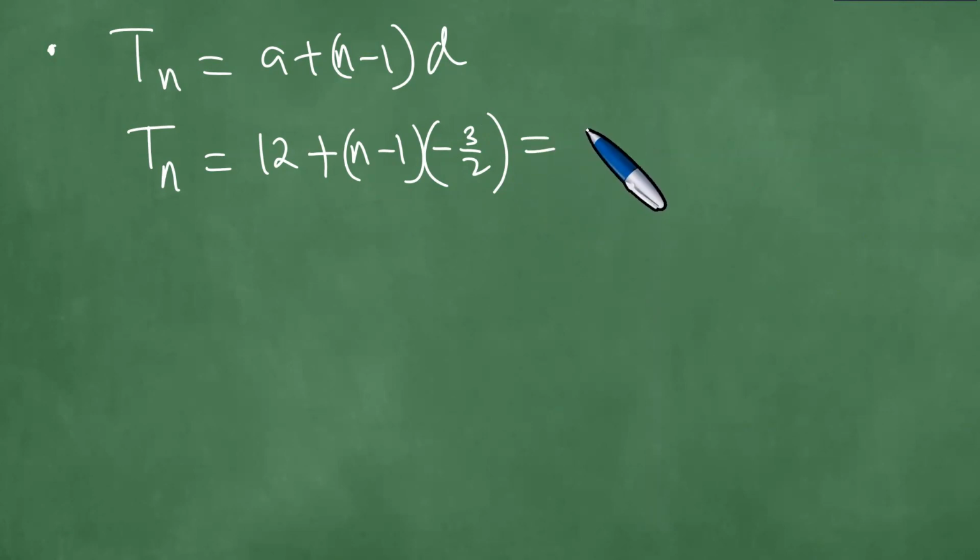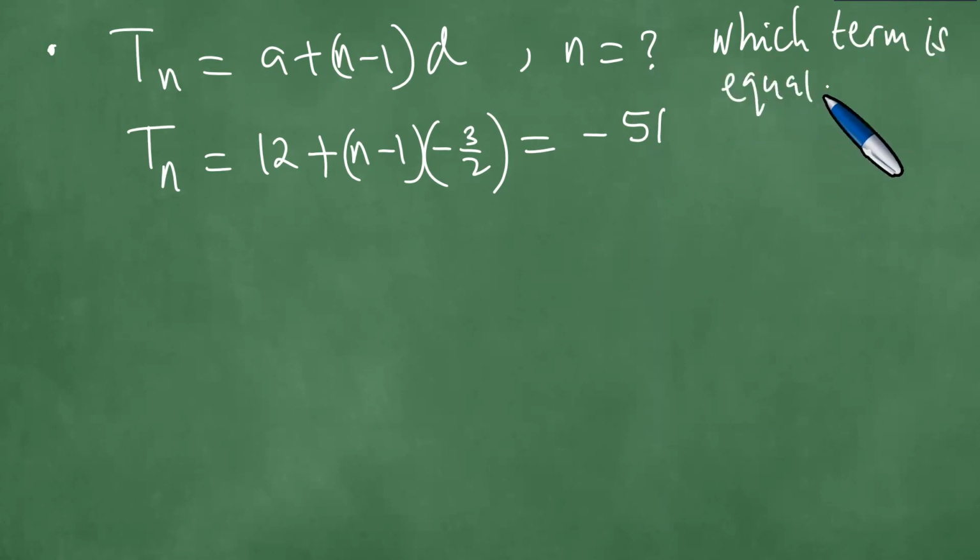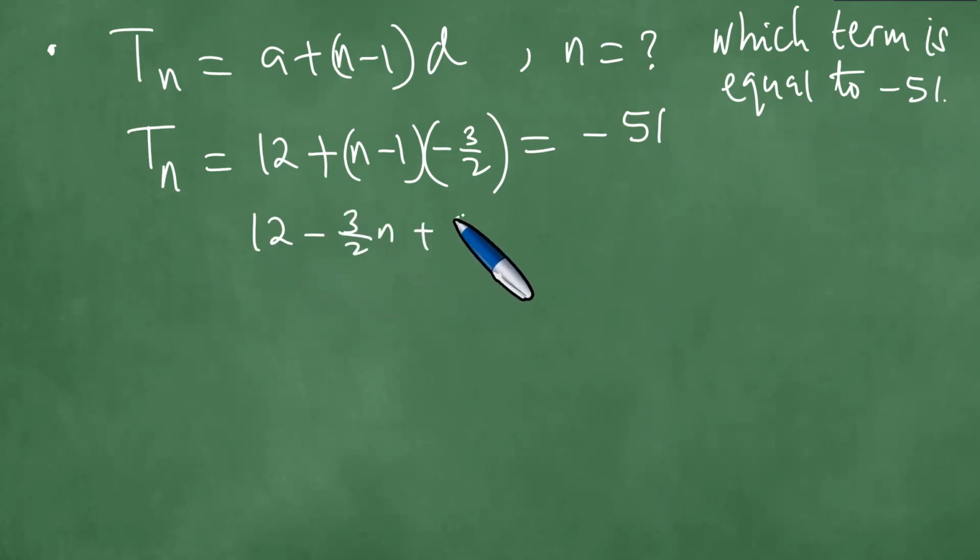And the term is minus 51. Which term means that we are looking for n, so n equals question mark. So we are answering the question, which term is equal to minus 51? This is the same as 12 minus 3 over 2 n plus 3 over 2 equals minus 51.